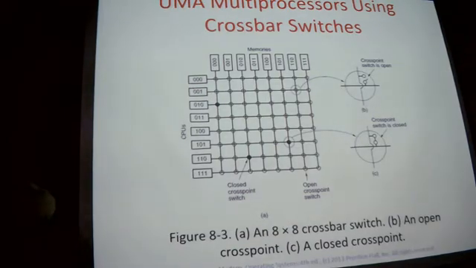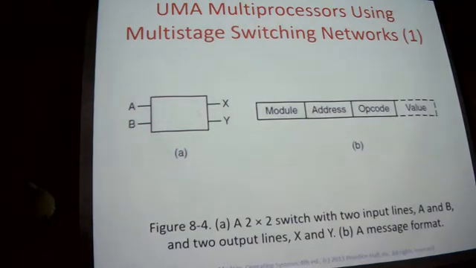So it is simple, but now it is complex because of more input lines and more output lines, and according to the signal, it determines which output line to select.